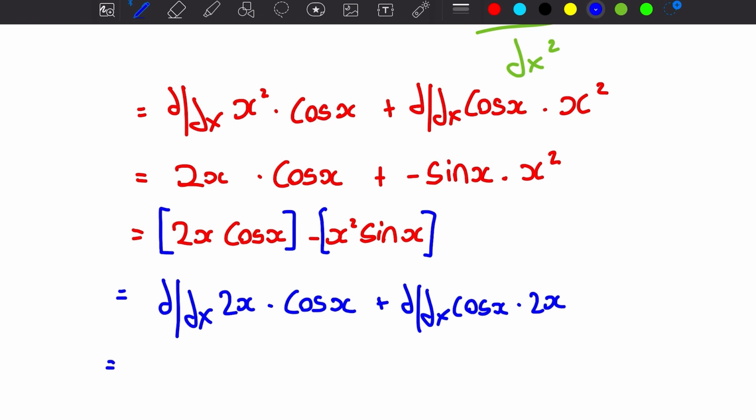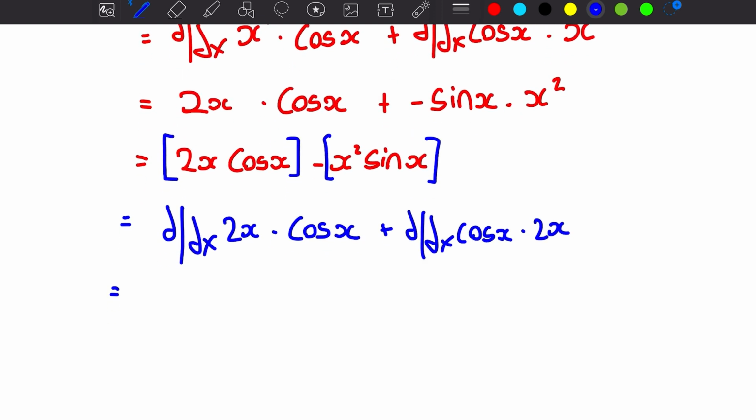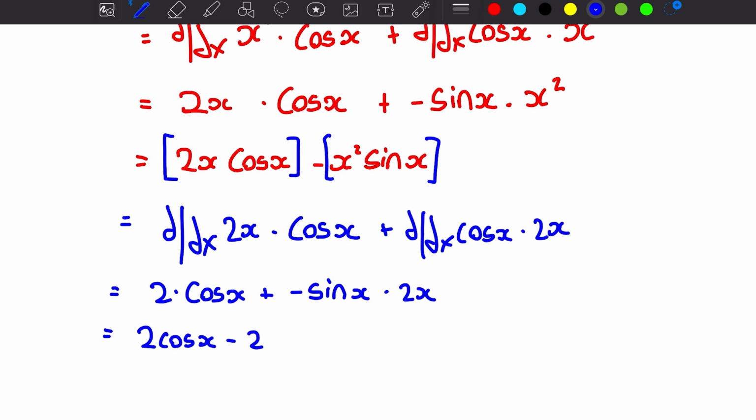And this is going to be equal to the derivative of 2x is 2 times cos x plus the derivative of cos x is minus sine x times 2x, because this is equal to 2 cos x minus 2x sine x.